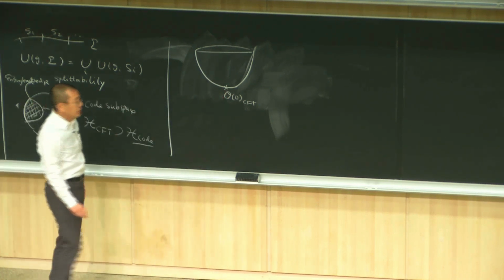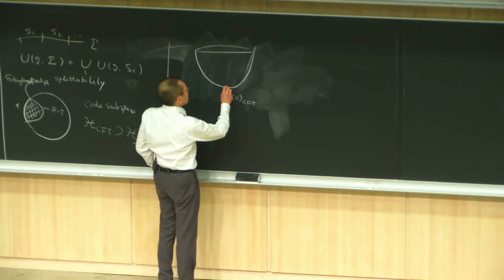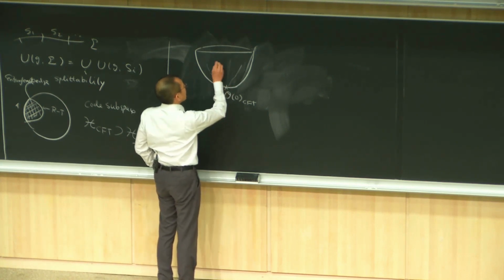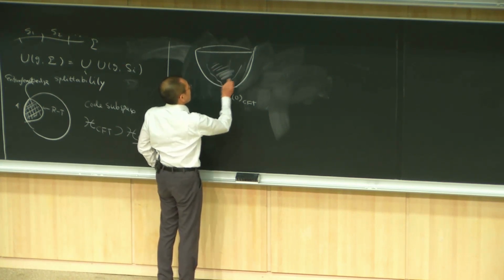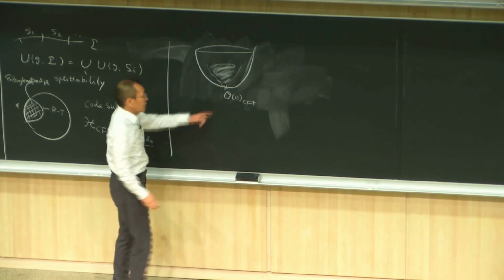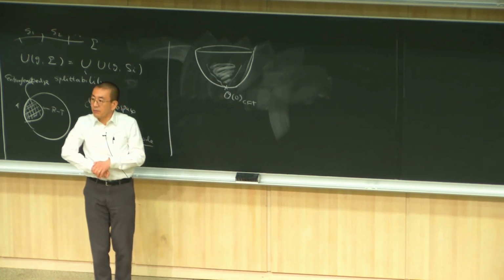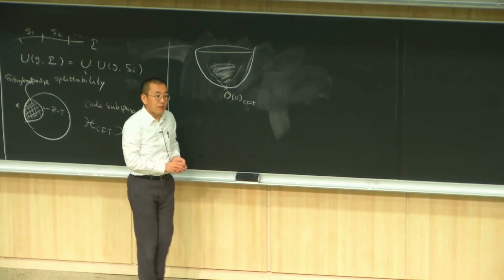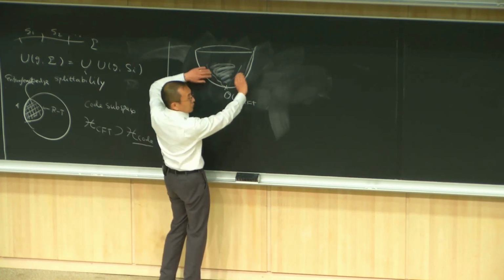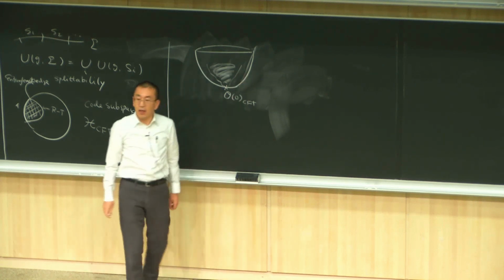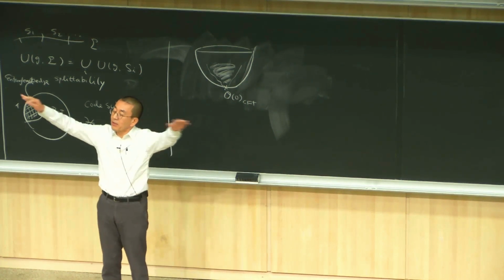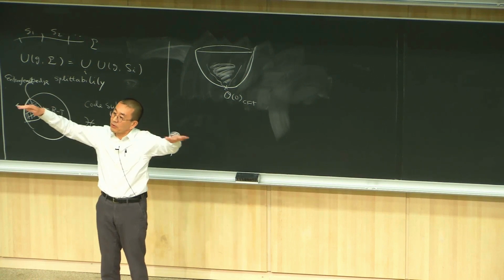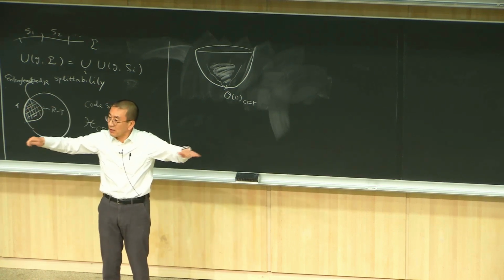And what happens if you do that is that it's going to start exciting the bulk. But if this operator has a finite conformal scaling dimension, then the corresponding state should have finite energy. So toward the boundary of AdS, it should asymptote to the original AdS geometry.